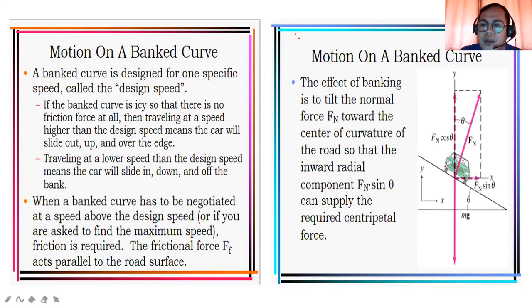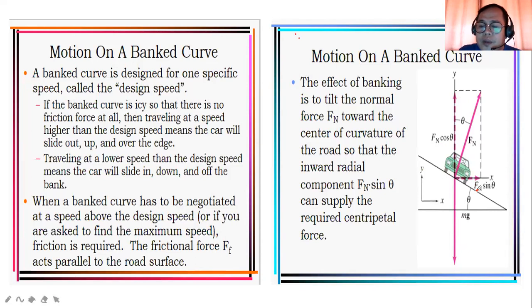So here, you will see your Fn cosine theta, your normal force must always be parallel to the surface. So this one is the normal force, which is parallel to this surface. But the weight is always directed downward. And the normal force is right over here. Clear?